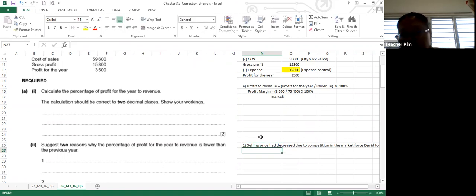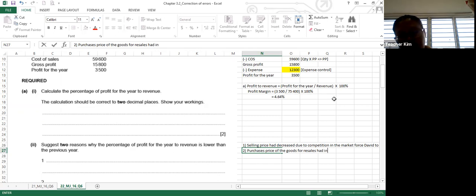Because of the competition in the market, he has to reduce it. Number 2, we talk about the purchase price. The purchase price of the goods for sale has increased due to shortage of the product. This is just what you think makes sense, then you just put it; it's not necessary to follow exactly.